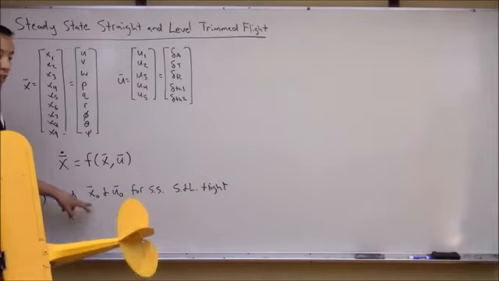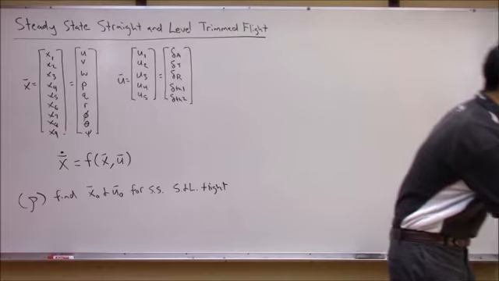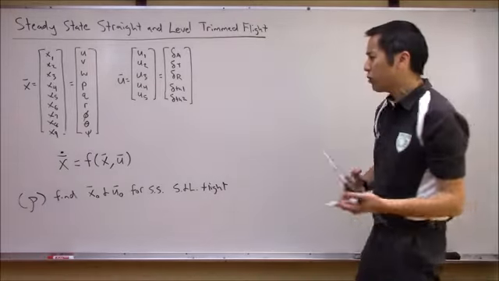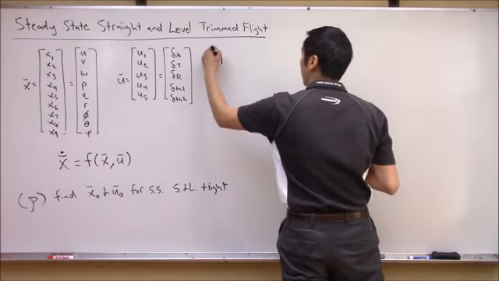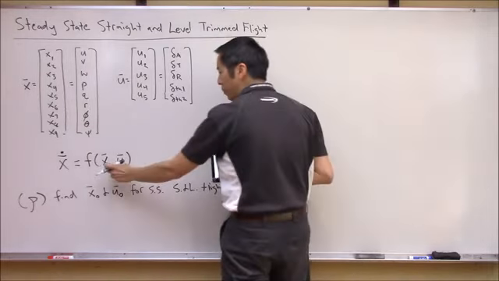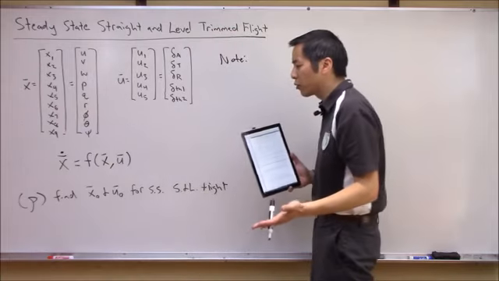I want to find this for that condition, right? I want to find the state and controls that are necessary in order to achieve that flight condition, okay? So one thing we should note here, if you think about this long enough: at this point, there's no real difference between a state and a control, right? They're both degrees of freedom, or variables we're trying to solve for.